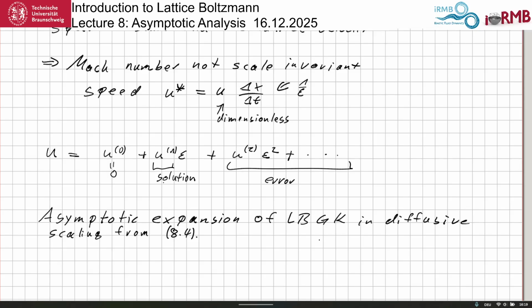So in principle, we have to expand asymptotically first and then do the Taylor expansion. Now, since we have already done the Taylor expansion, I do it the other way around. And believe me, the result is the same. So I just don't go back now.